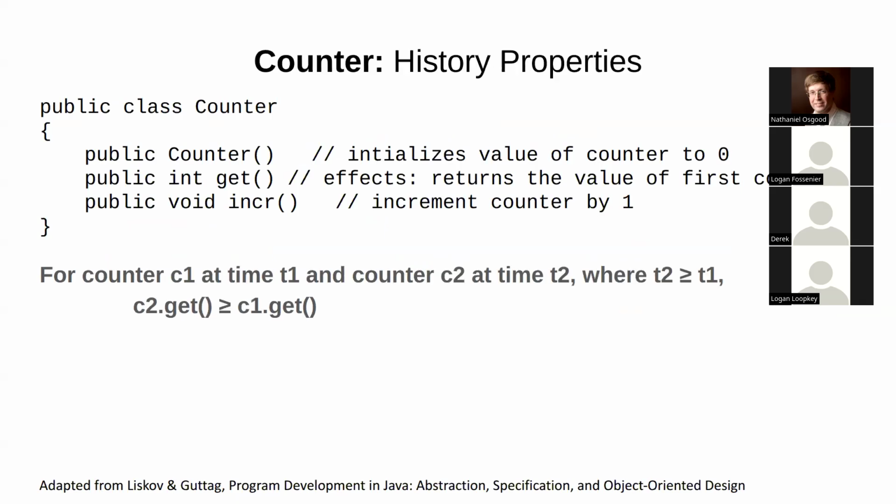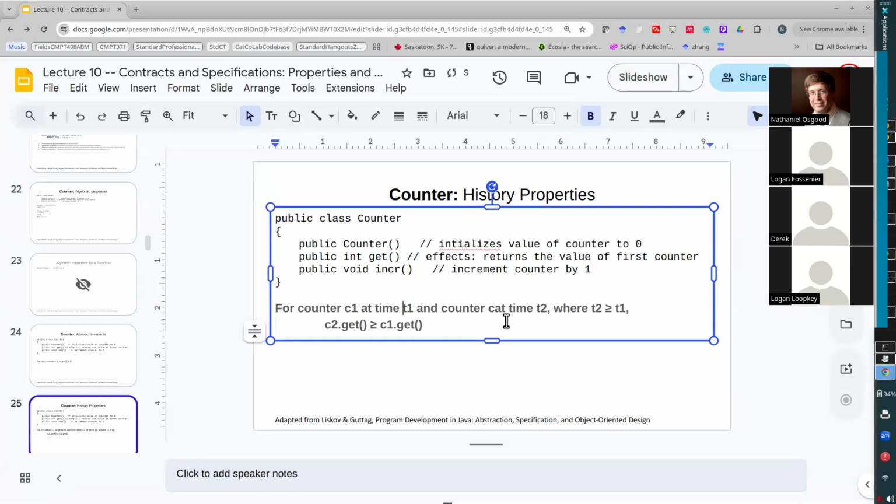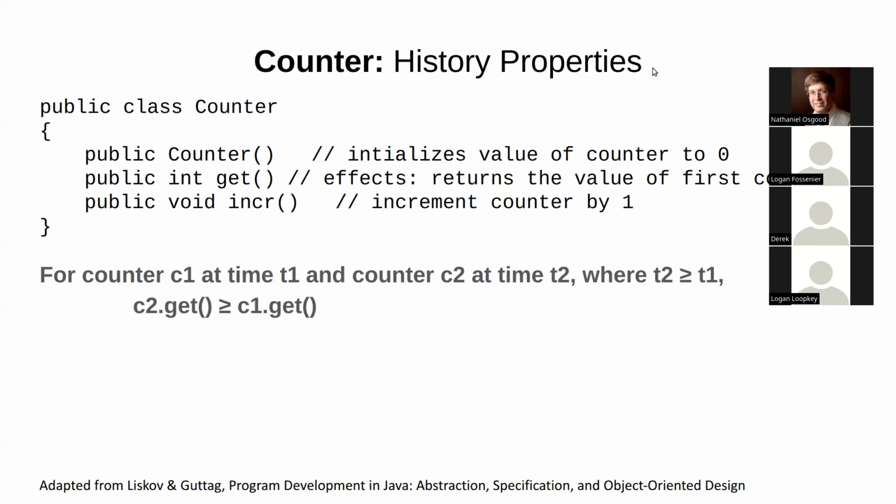Okay, so for a counter c at time t1, and then its value at time t2. Well, okay, fine, I'm saying what its value is at each of those times. The value at a later time is greater than or equal to the value at the earlier time.